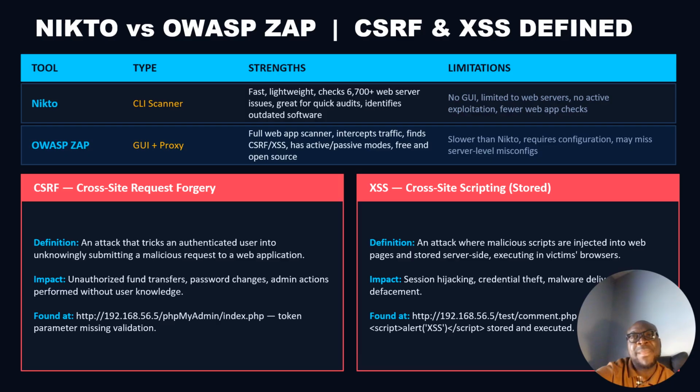OWASP ZAP is a more comprehensive GUI-based tool that acts as a proxy, actively crawling and testing web applications. ZAP is better for finding logic-level vulnerabilities like cross-site request forgery and cross-site scripting because it understands the application's behavior, not just the server configuration.